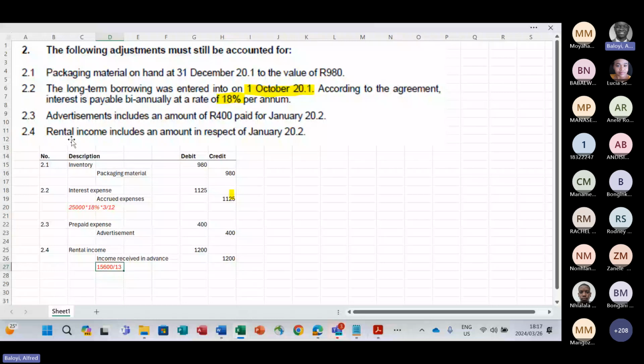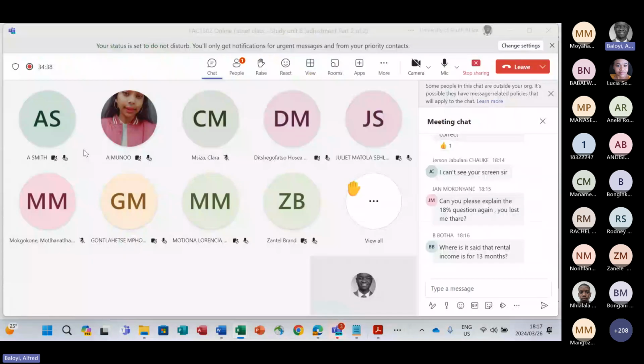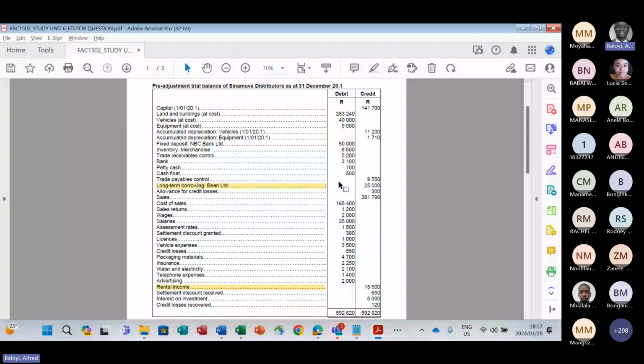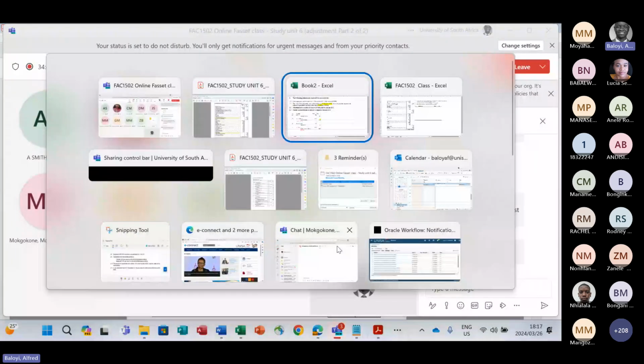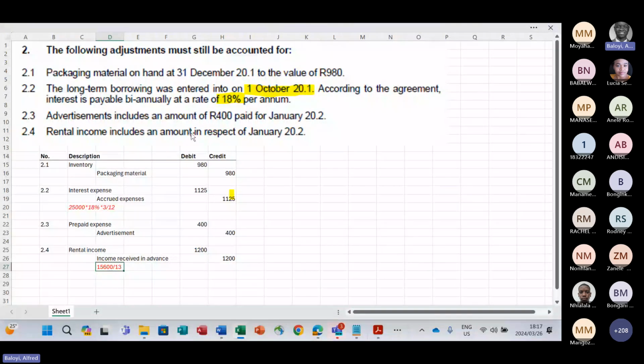When you see all these amounts here, for example, the 15,600, all these amounts are for 12 months. You see advertisements include an amount of 400 for January, meaning that it's already 12 months.